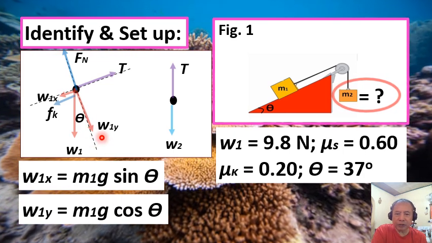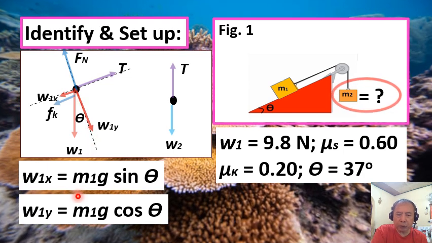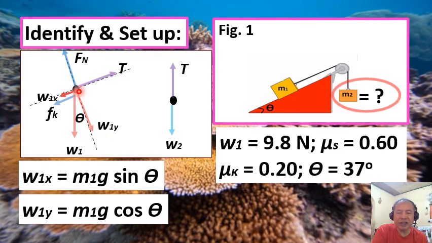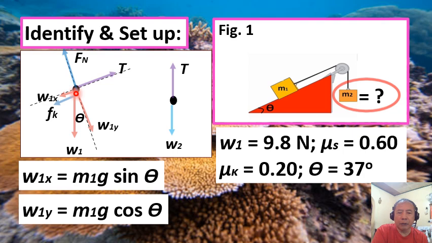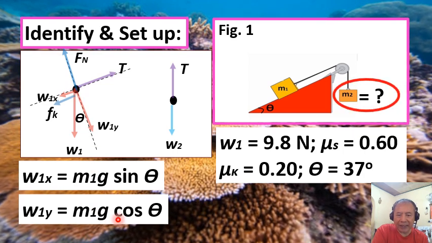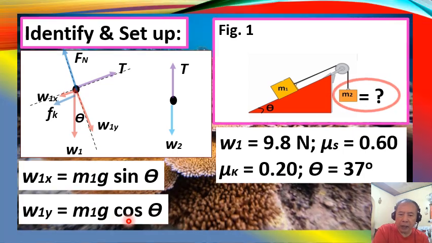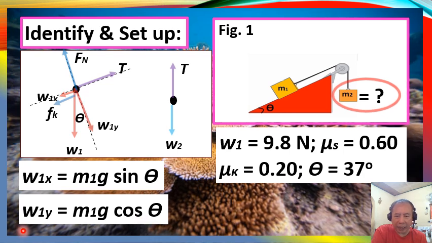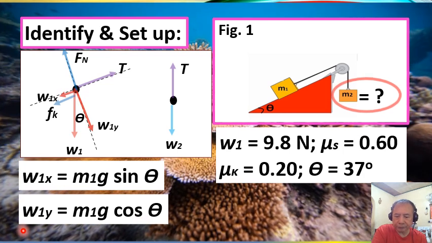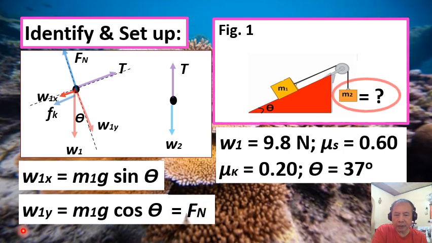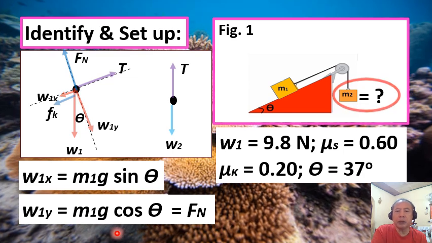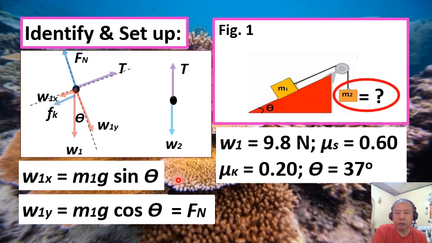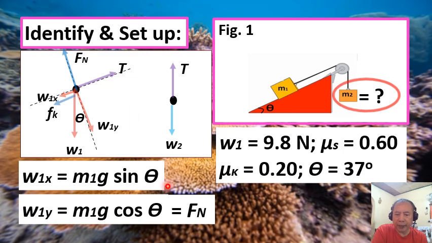And again, using SOHCAHTOA, W sub 1y happens to be the adjacent side of the imaginary right triangle. Hence, the use of the cosine of the angle theta. And W sub 1y happens to be equal in magnitude to the normal force Fn.